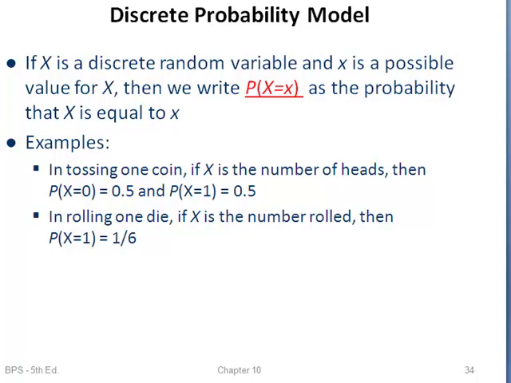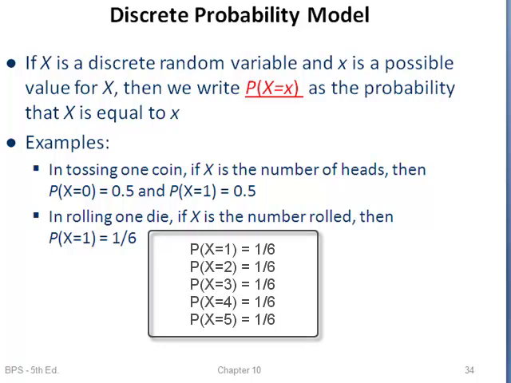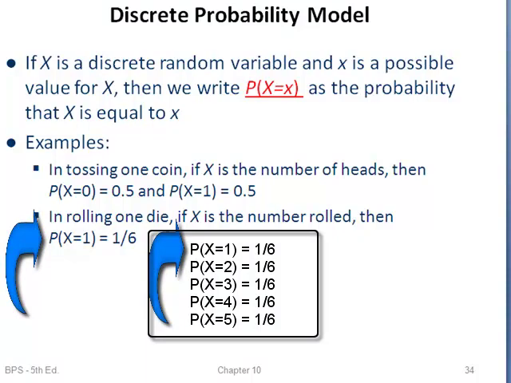And the probability of seeing 1 head is, again, 1 out of 2, or 0.5. Let's look at rolling one die. If X is the number rolled, then the probability that X equals 1 is 1 out of 6. The probability that X equals 2, to roll a 2, is also 1 in 6, and I could use that for each possible roll.